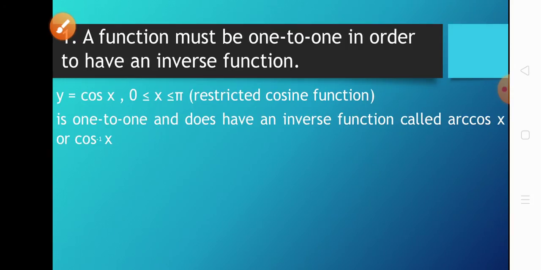A function must be one-to-one in order to have an inverse function. Y equals cos x, where 0 is less than or equal to x is less than or equal to pi. The restricted cosine function is one-to-one and thus has an inverse function called arccos x or cos^-1 x.